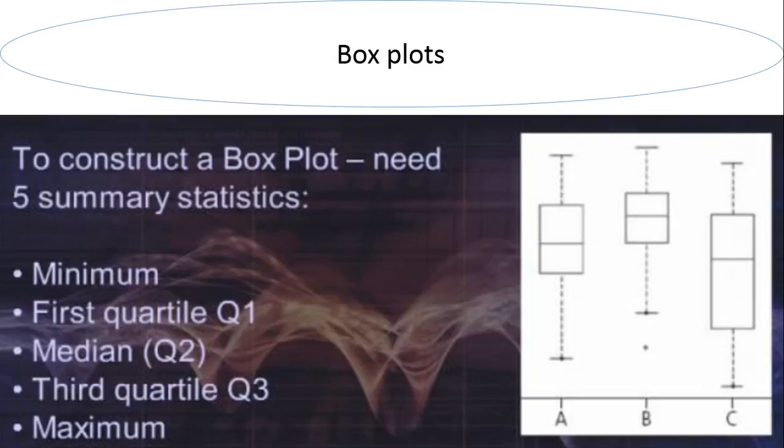So to construct the box plot, you calculate the first quartile, median, and third quartile. Calculate the interquartile range by subtracting the first quartile from the third quartile. Construct the box above the number line, bounded on the left by the first quartile Q1 and on the right by the third quartile.